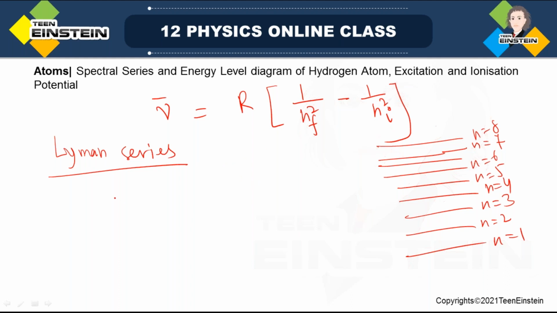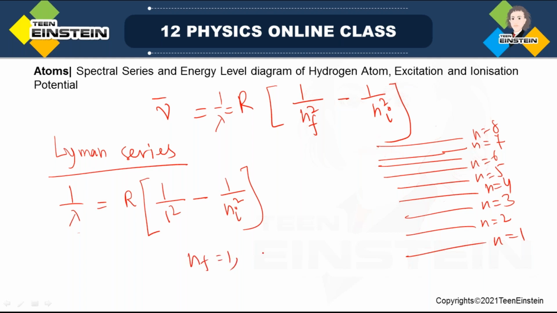So look, the wavelength, 1 by lambda, you get for the Lyman series, is obtained with the final state 1 square divided by the initial state. Any initial state you can take. So nf is 1 and n initial can start from 2, 3, 4, 5. This is actually emission spectra or de-excitation.